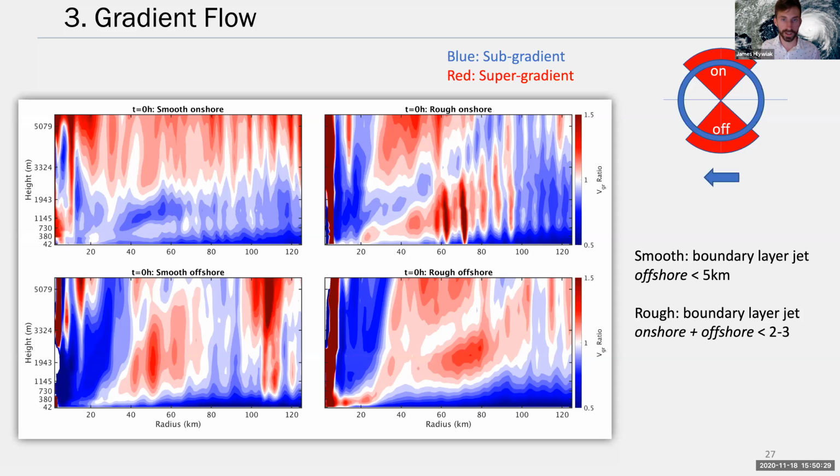So another really important aspect to keep in mind is that the possibility for greater gusts can exist for rougher surfaces. Both are within the offshore flow, both land types exhibit strong supergradient jets, but it's just a little bit of a broader coverage for the rough case.